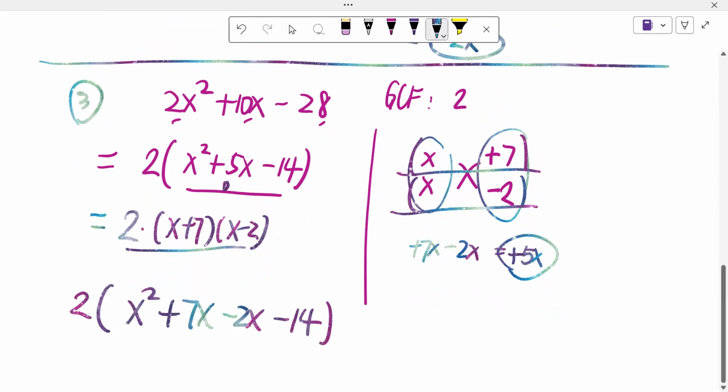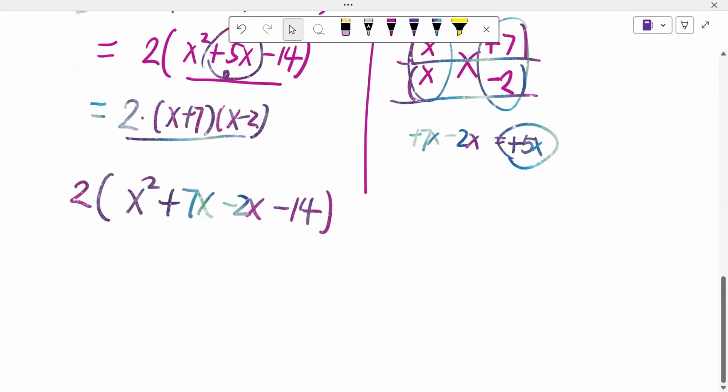Here, you see, this plus 5x is equal to 7x minus 2x. Why 7 and 2? Because 14 can be broken down as 7 times 2. That's why it has to be 7x minus 2x. Right? From there, you're gonna factor by grouping.